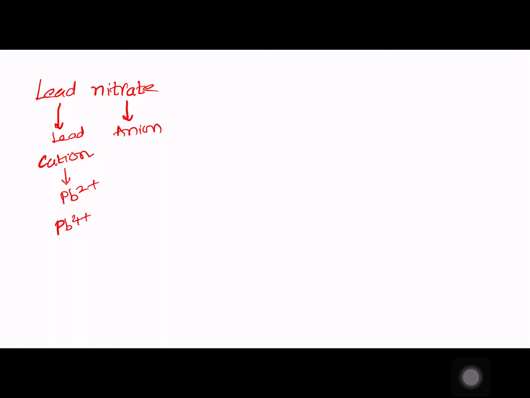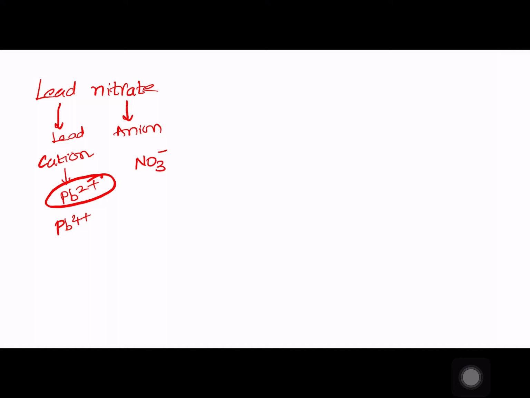The reason is that Pb2+ is the most common existing form of lead, and you are going to face many examples of it. For our 10th class, we are not going to complicate our sessions. So we have Pb2+ and the polyatomic anion nitrate, NO3, with a 1 minus charge.